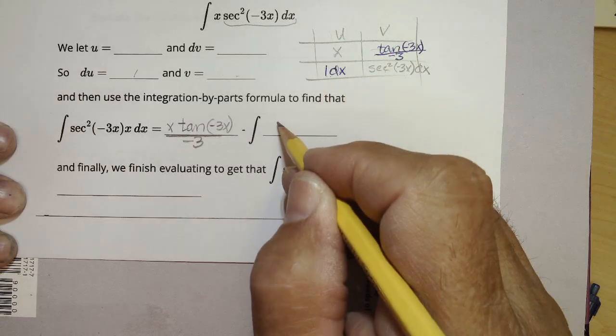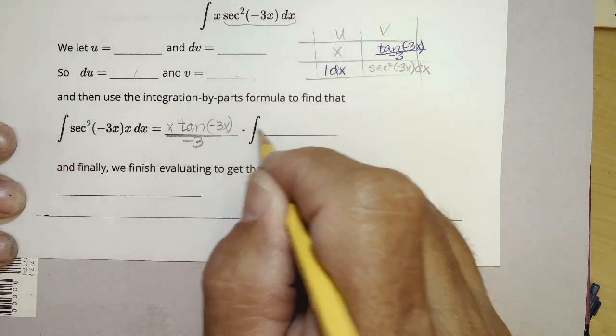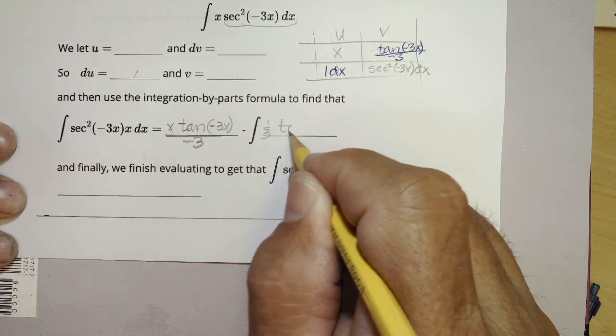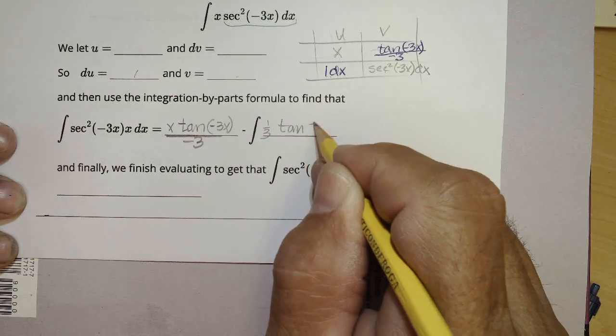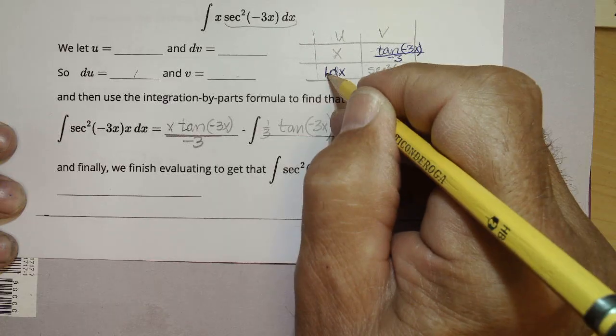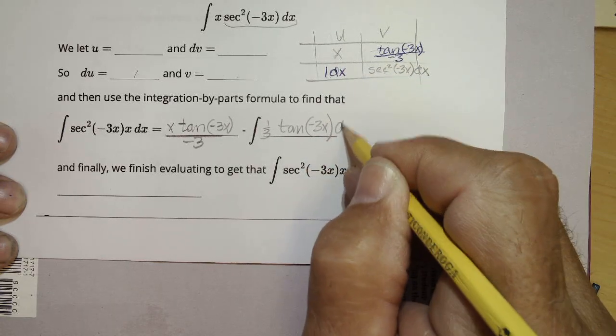So this would be negative 1/3 tangent negative 3x times 1 dx.